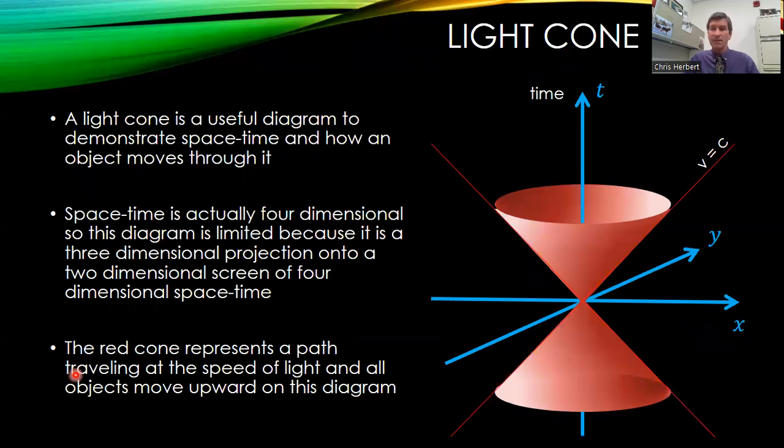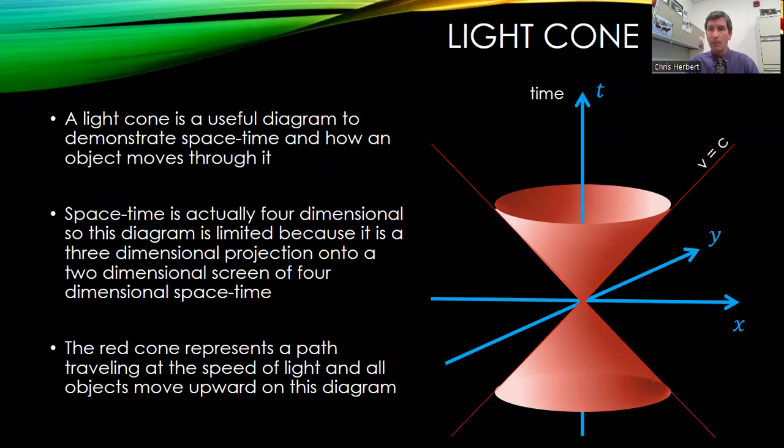Sometimes you'll see these light cones represent different events or sequences of events. And here, what do we have? We have 4 dimensions that we're trying to represent 3-dimensionally, but projecting it on a 2-dimensional surface. So I do my best when I try to draw these out to best represent what's going on.